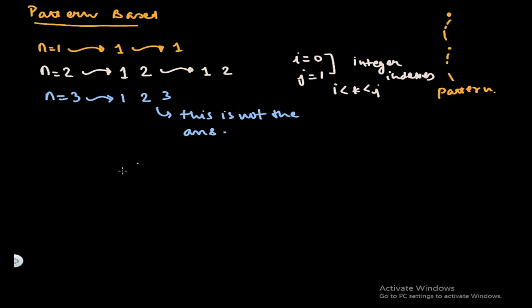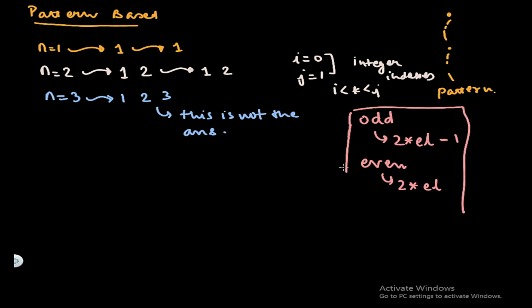So the pattern which I am talking about from the start of the video is this: for odd you take 2 times element minus 1, and for even you take 2 times element. This kind of pattern is very difficult to come up with, but it can help you whenever you encounter this kind of question.